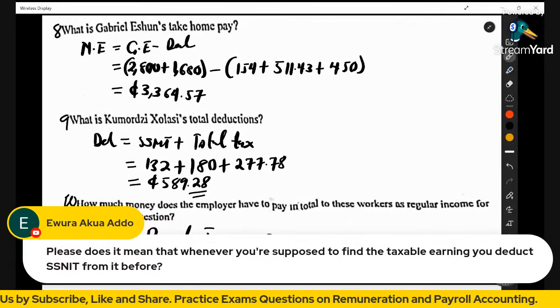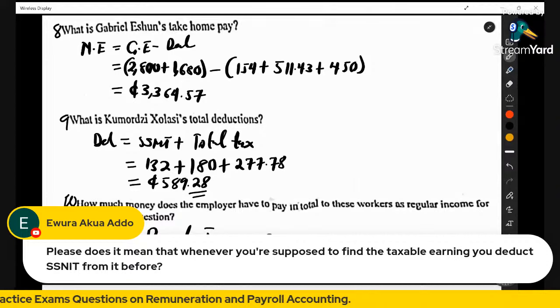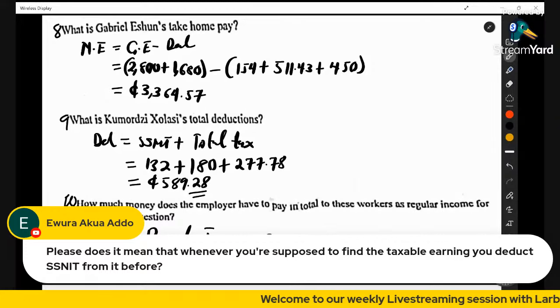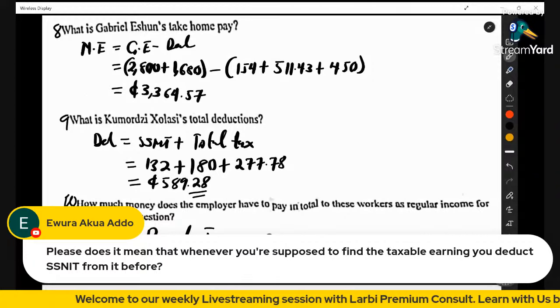So the only way you can calculate your SNET contribution is to go into the basic earning, and whatever you get, you subtract from the regular income so that you get your taxable earning, so that it won't affect the non-taxable incomes. That is what the question says: non-taxable.